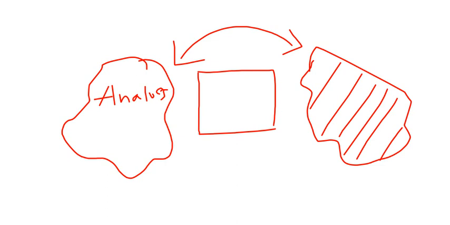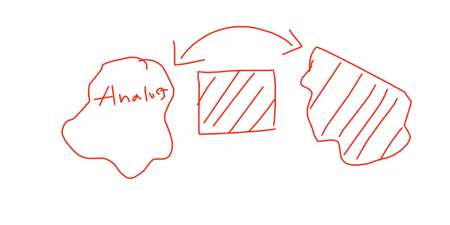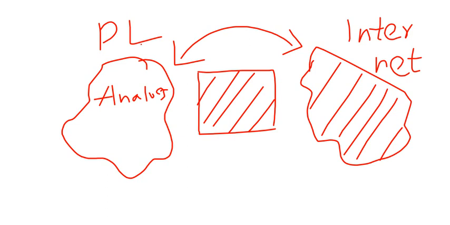When I say I have things always connected to the internet, how exactly do you establish the connection from the physical layer? This is your physical layer, and this is your internet, and I include the cloud as a part of the internet. Only once you have connectivity through the internet will you be able to connect to your cloud.